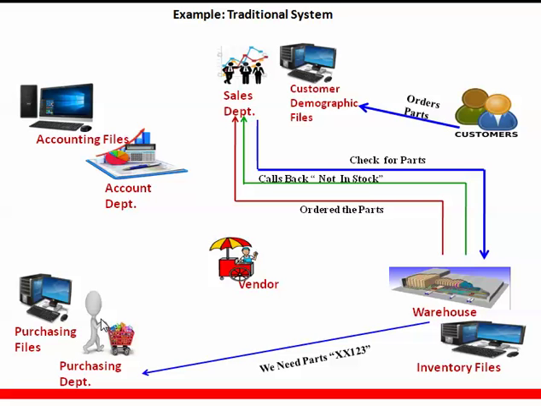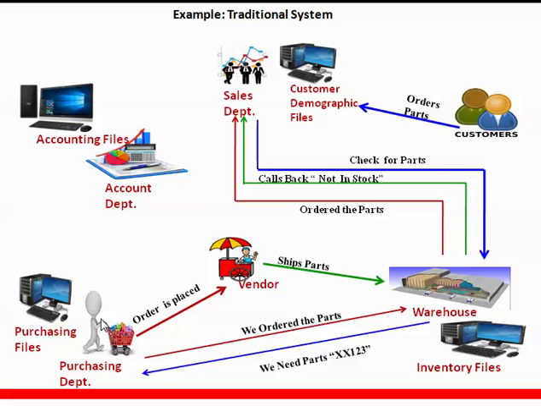The purchase department also records the same information in their database or files and places the order to the vendor. It also notifies the warehouse department regarding the placement of the purchase order. The vendor will ship the item to the warehouse department and send an invoice to the accounts department. The accounts department will record the same information in their database or files.